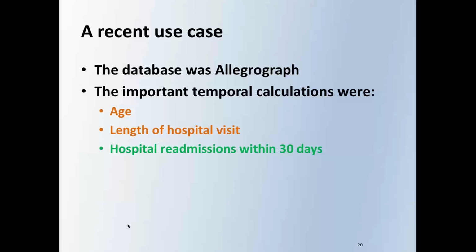In the recent case I was working on, the database used was Allegrograph, and the important temporal bits of information that needed to be calculated were the age of a patient, the length of a hospital visit, and we also needed to know when a patient was readmitted within 30 days of being discharged from the hospital. So the green thing is what we were able to do in Allegrograph, and the orange things were things we couldn't do in Allegrograph. Let me go into that in a little more detail.